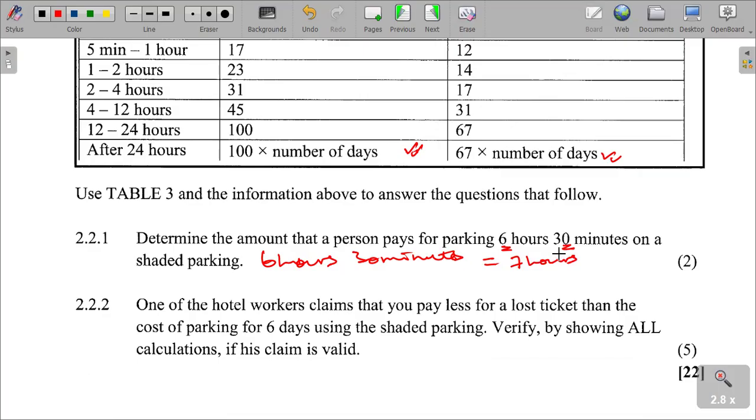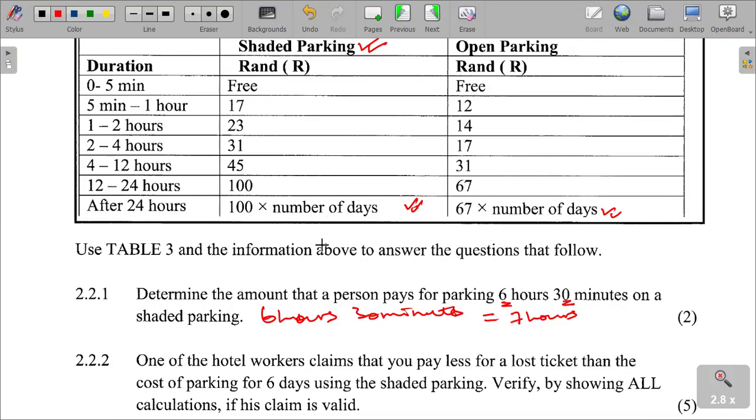And then we determine the amount that this person pays. For 7 hours, it is between this 4 to 12 hours range.